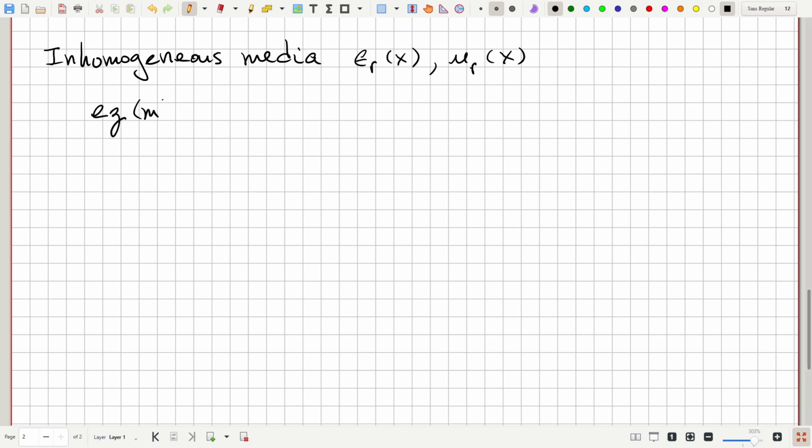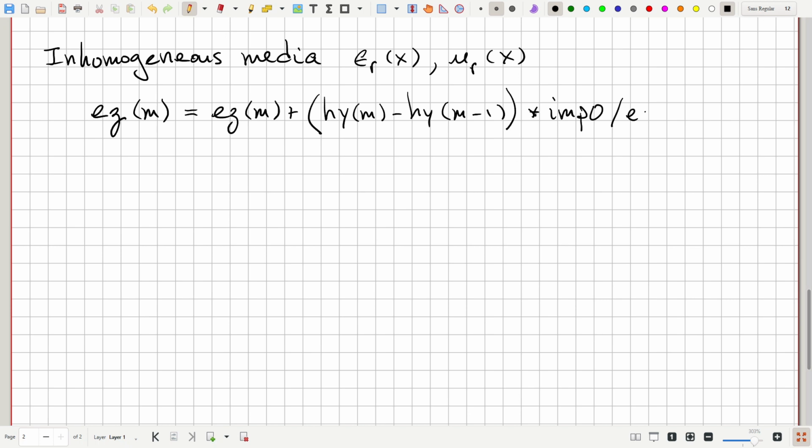Ez of m, our update equation would be equal to Ez of m, and then here would be the central difference for hy, for the spatial derivative, hy of m minus hy of m minus 1. Then that would be times the eta 0, which we in the program called impedance 0, imp 0. And then if we had an epsilon relative of some value, we could just put that here, eps r. Okay? And we played around with that.